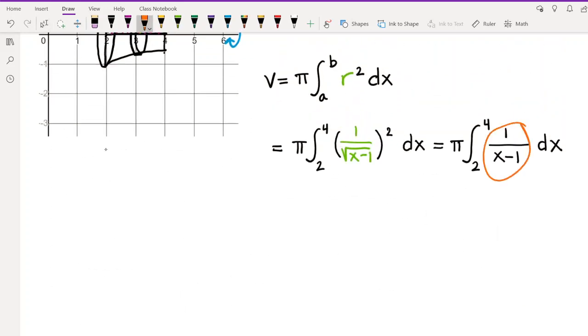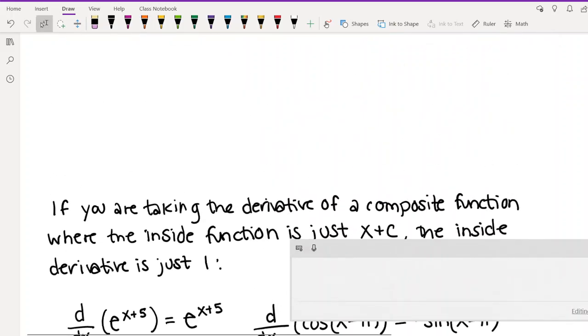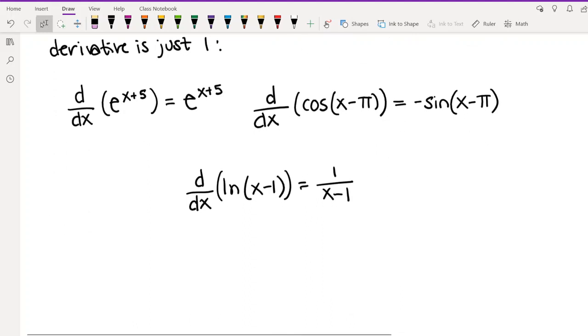We just said that the derivative of ln of x minus 1 is 1 over x minus 1. So the antiderivative of 1 over x minus 1 is ln, and we should put absolute value bars here, so it's ln of absolute value of x minus 1.